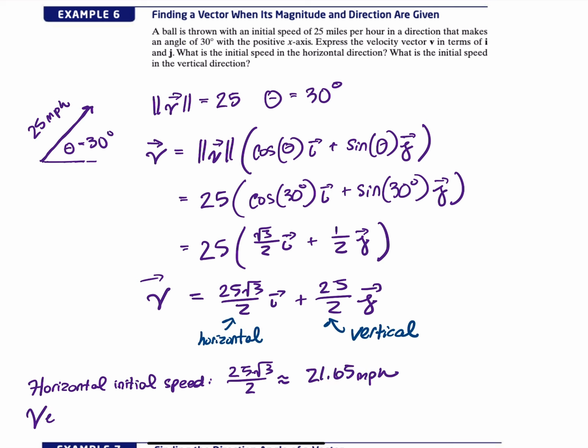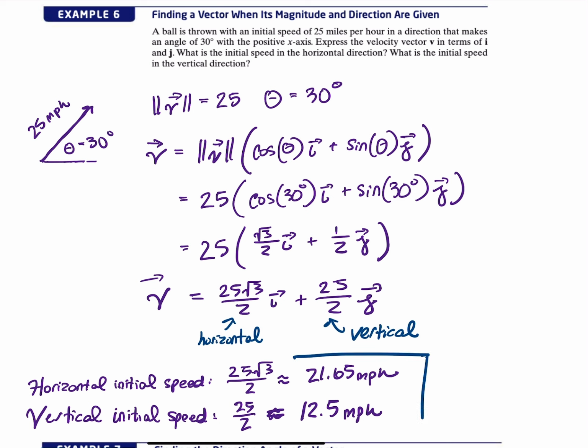And then our vertical initial speed, that is the 25 over 2, or about 12.5 miles per hour. Or no, this would be exactly 12.5. So using this vector notation, we can split up some force or velocity, in this case, into its horizontal and vertical components.